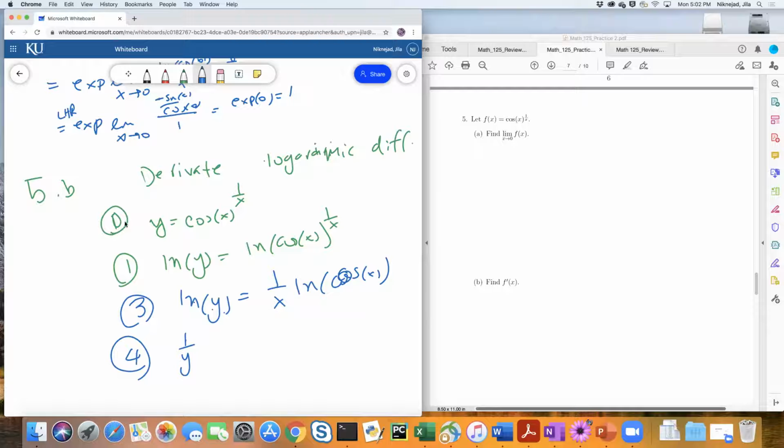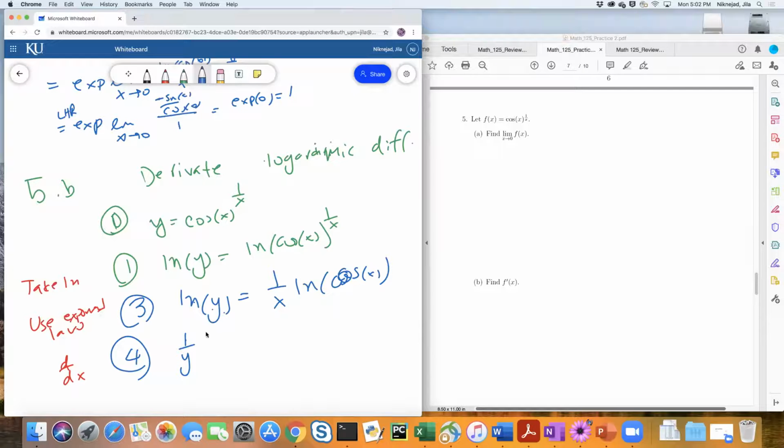So what am I doing? Let me write down what I'm doing. I didn't even write it down. Here, take natural log. Here, use the exponent law. Here, take derivative with respect to x.